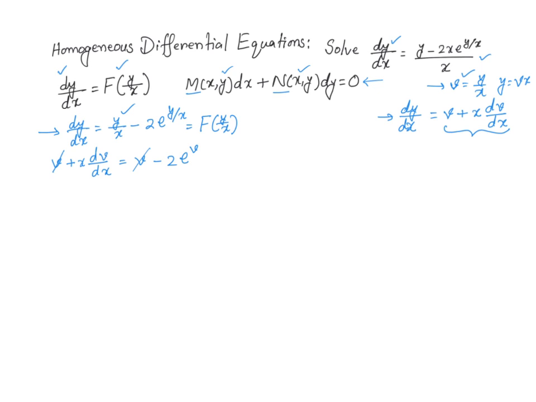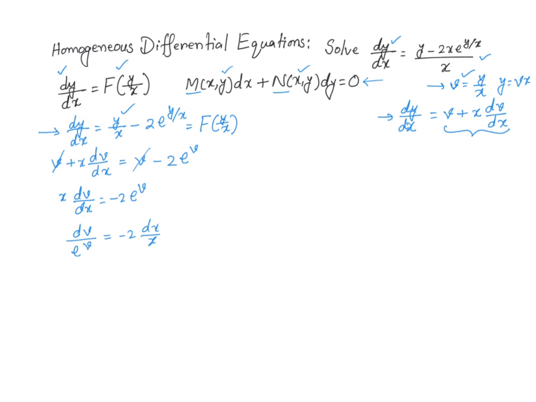That gives me something very simple, which is x dv over dx is equal to negative 2 times e to the power v, or I could write it as dv over e to the power v, which is equal to negative 2 times dx over x.